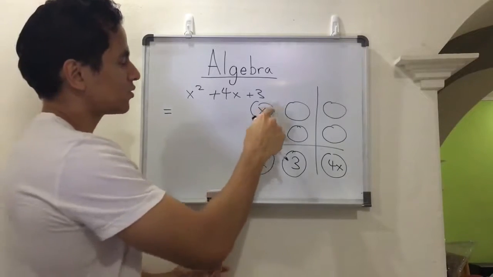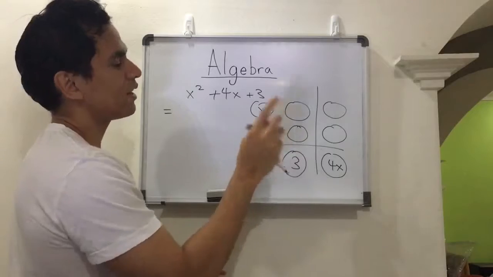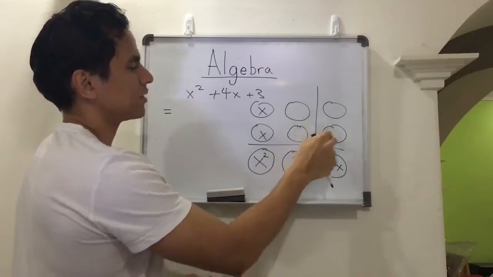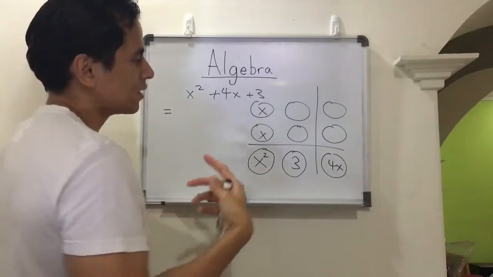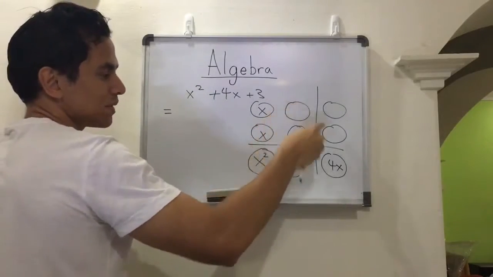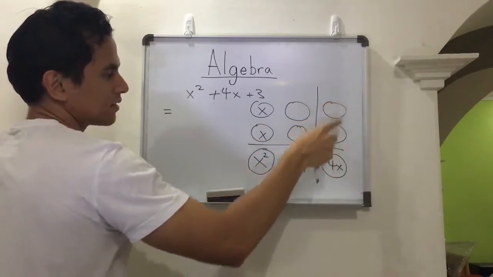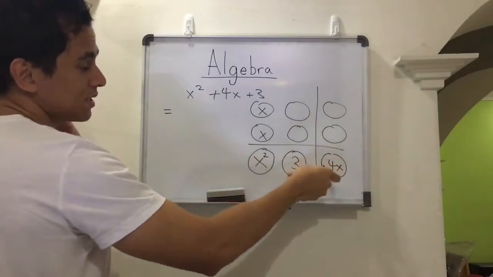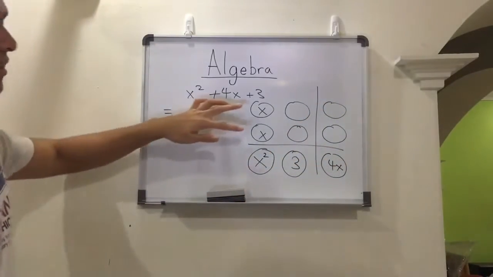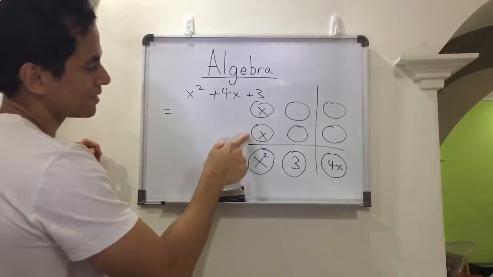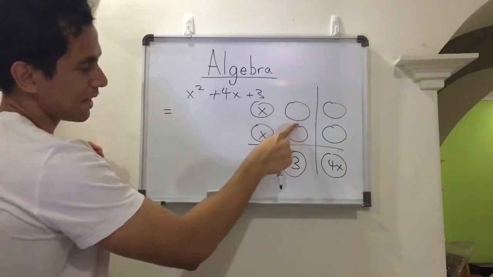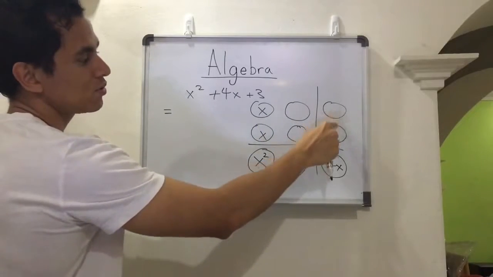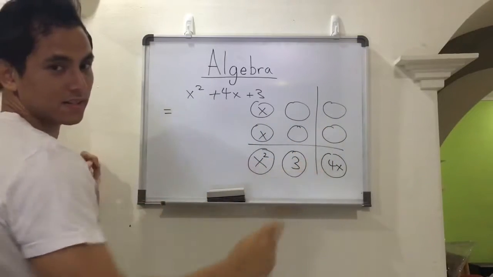Okay, so we are done with these 2, and now these last 4 circles here are very, very important. They are to be done concurrently, which means as you're doing these 2, you must keep an eye on these 2, and these 2 will add up to be this. So this multiplied by this gives us 3, these 2 multiplying give us 3, and these 2 adding up should give us 4x.